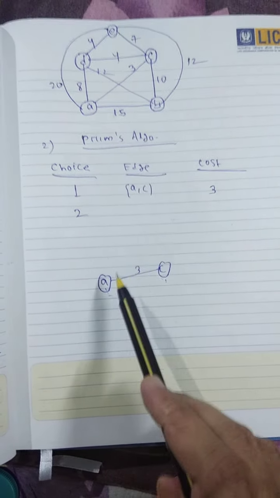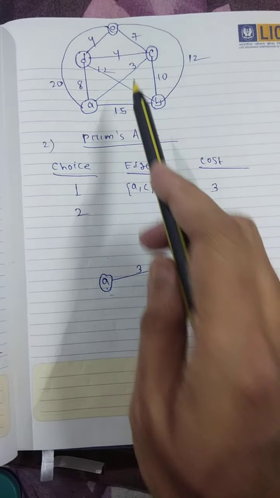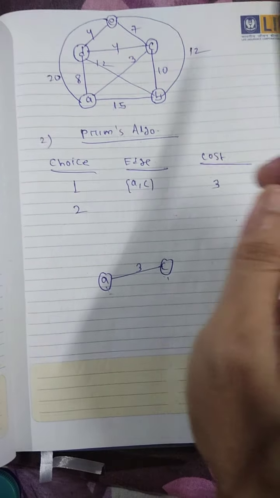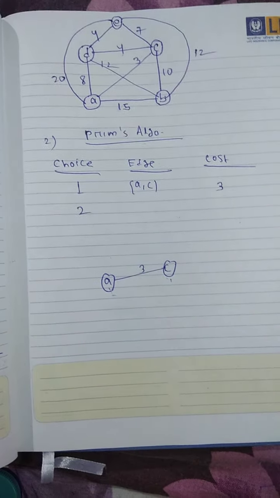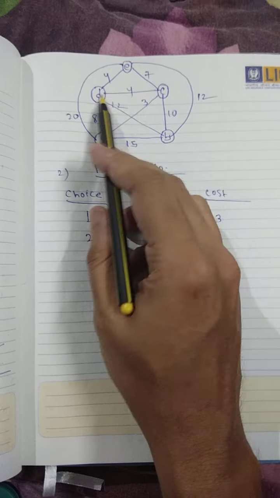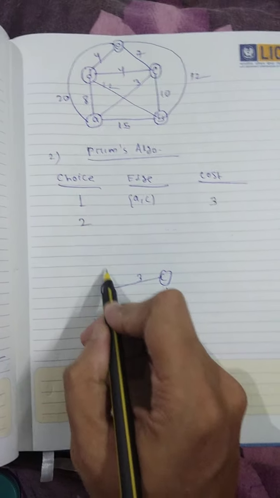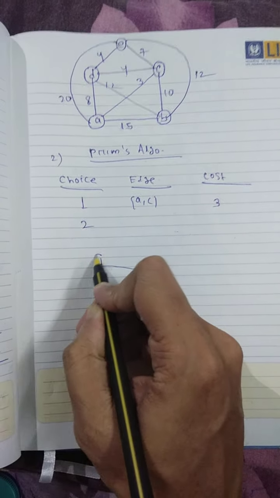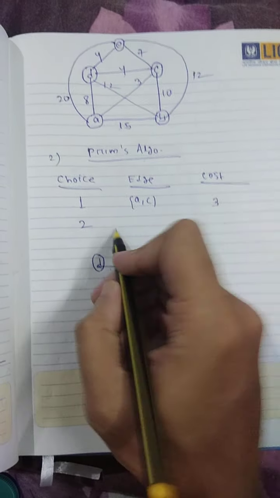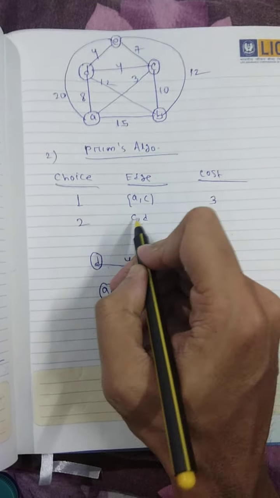Only the edges incident on them, but which is the minimum? Here CD is minimum and incident on C also, so I am selecting CD.